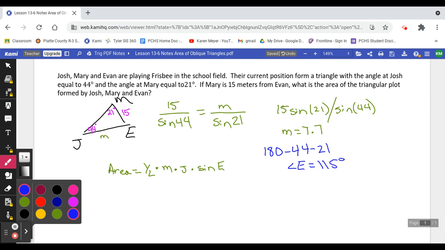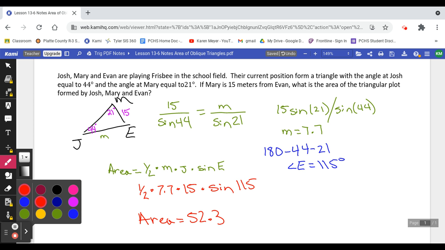So now I know all the required information to plug in. So 1/2 times 7.7 times 15 times the sine of 115. If I type that all into my calculator, I get the area to be 52.3.